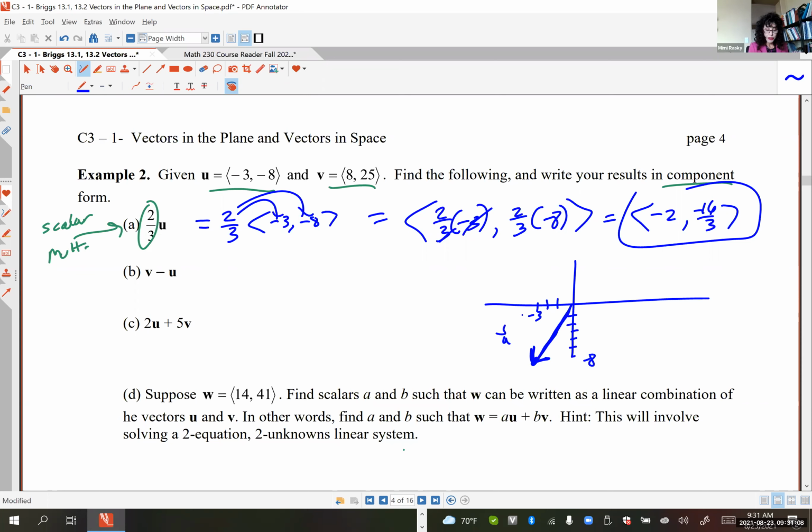And the new vector, which occurred when we multiplied u with 2/3, if you graph -2 and -16/3, you find the x coordinate is -2 and you find the y coordinate -16/3. I claim it would be pointing in the same direction as u, but it would be 2/3 in magnitude, 2/3 of the length. And that's it. That's scalar multiplication. Does that help?